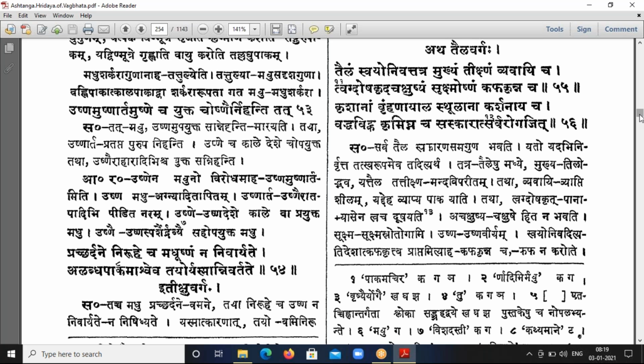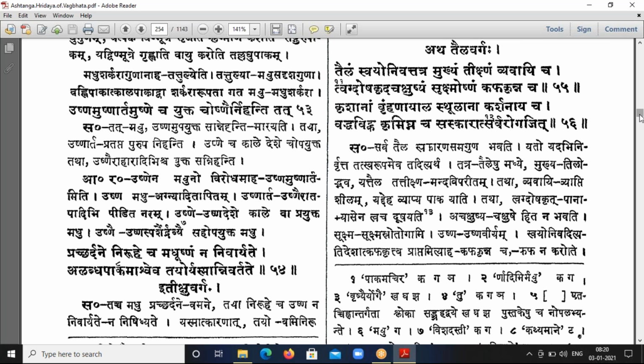Then they may be collecting this honey from many flowers, of which some may have some toxic effect. So in total, there is a presence of visha in madhu, and that presence of visha gets exaggerated and enhanced when you heat it or use it in the ways we were discussing so far. That is why it is advised to avoid such uses of honey.